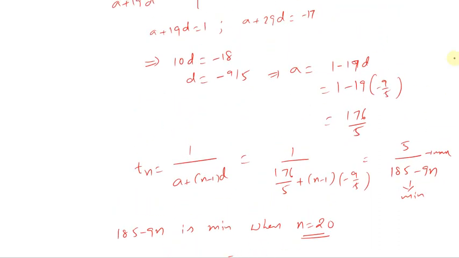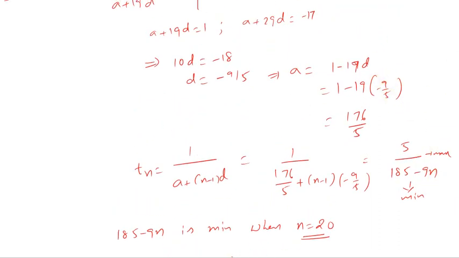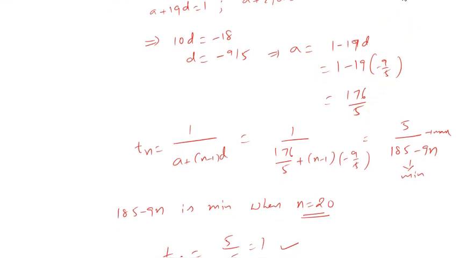See, for example, if I substitute n equals 21, what happens? 185 minus 9n will be a negative value. So the total value will become negative, so Tn is a negative value. You could not expect that to be the maximum, since we are going to find the largest term. Now if I take n equals 19, the total value must be less than 1 only, right? So 185 minus 9n is the minimum positive value when n is equal to 20.